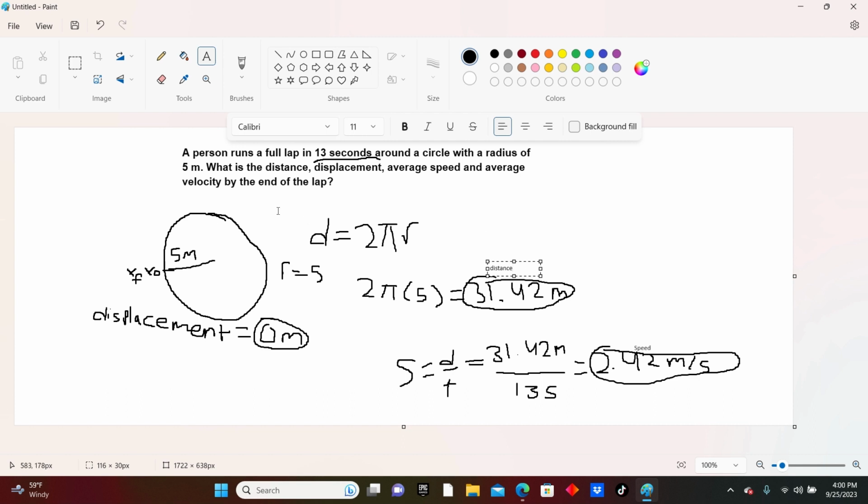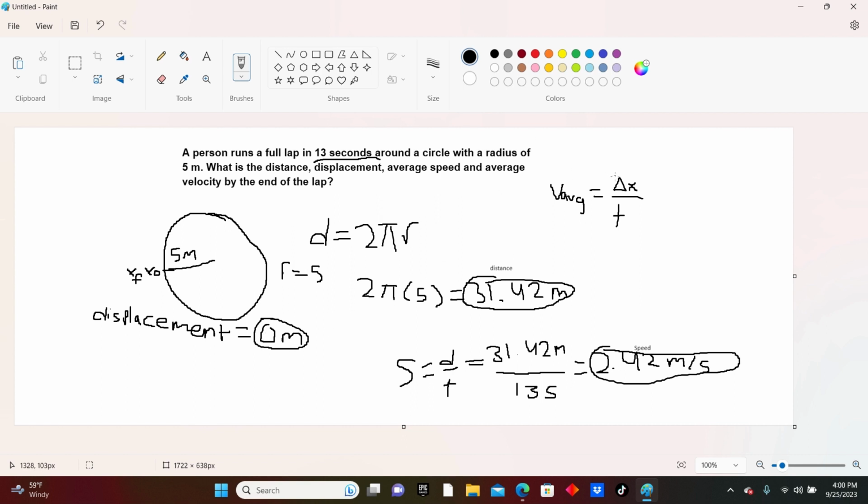Okay, now lastly, let's find the average velocity. As we determined with our terms, the formula for average velocity is displacement, which I'll represent as delta x, over time. However, we initially solved that our displacement is 0 meters.